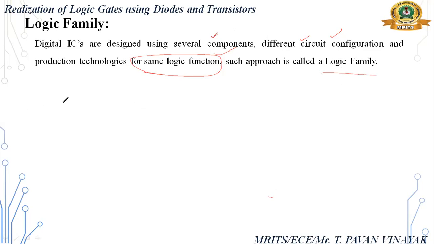Suppose I am taking an AND gate. An AND gate can be designed using diode logic, that is, using diodes. Using transistors also we can design an AND gate. This is one transistor, this is another transistor.